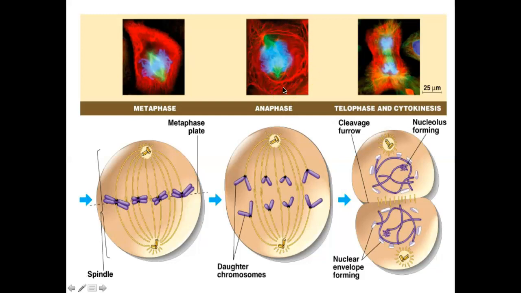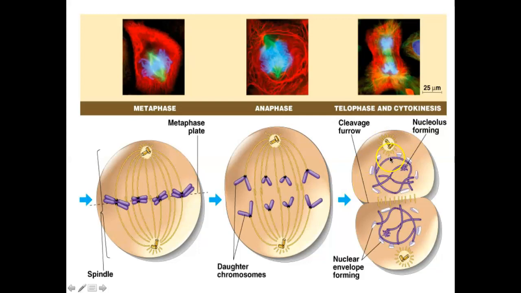The last phase of mitosis is telophase, accompanied at the same time by cytokinesis. So in telophase, the cell is starting to set up to go back to normal. Each side of that cell is going to have one complete set of DNA that is going to start to unravel to form chromatin again. The nuclear envelope is going to reform, and each cell will only have one centrosome, which is the normal number.